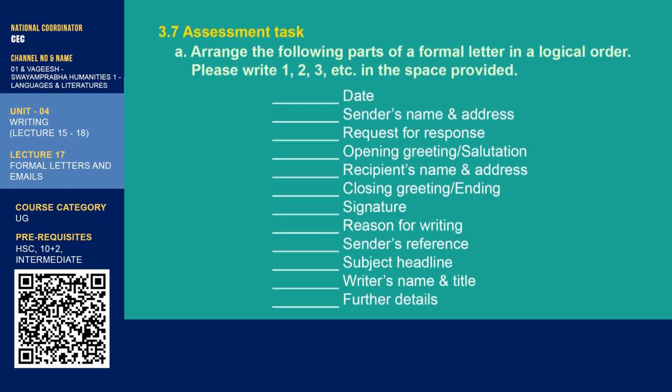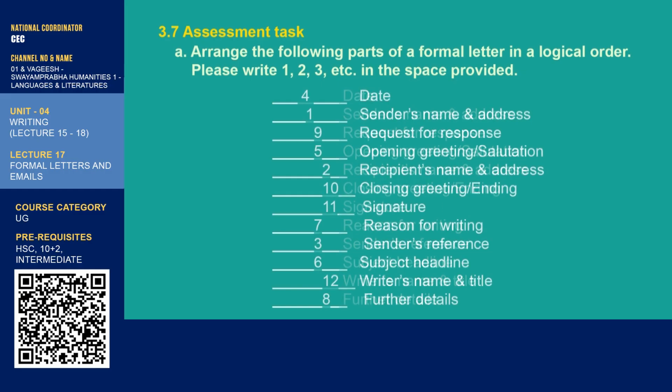A. Arrange the following parts of a formal letter in a logical order. Please write 1, 2, 3, etc. in the space provided. Date is number 4. Sender's name and address number 1. Request for response number 9. Opening greetings or salutation number 5.